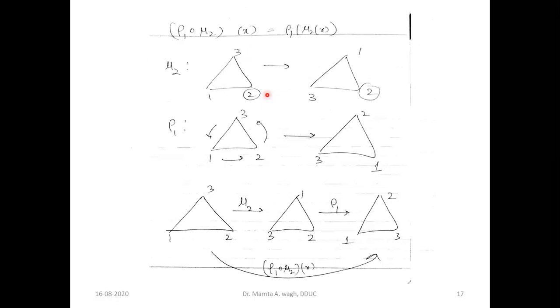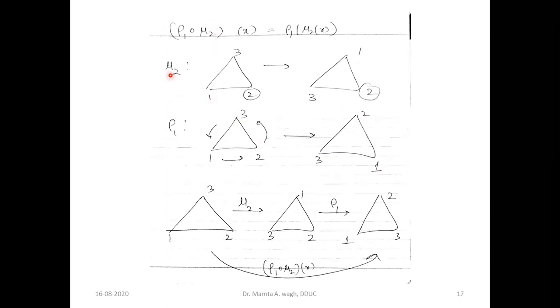This is your initial structure 1 2 3. I am applying mu2 here. If I apply mu2 here, 2 will be the same and 1 and 3 will change positions. Then on this result I am going to apply rho 1. Rho 1 is your 120° anti-clockwise rotation. So 2 will come here, 3 will come here, 1 will come here. So that is your rho 1. The final structure is this, which you have obtained after the composition of these two.